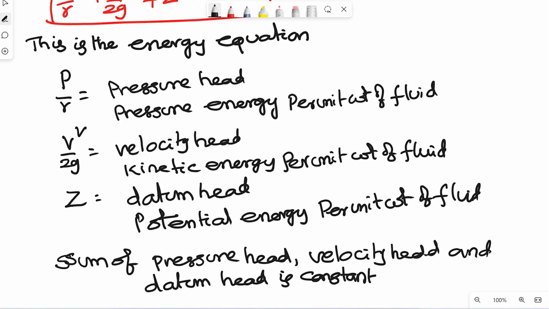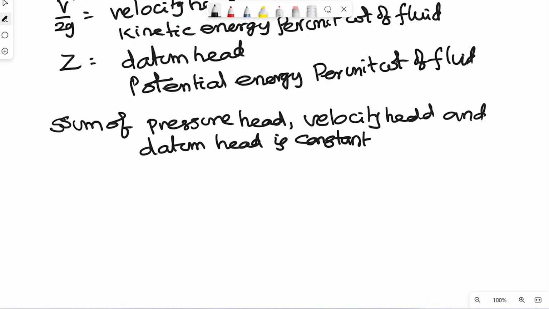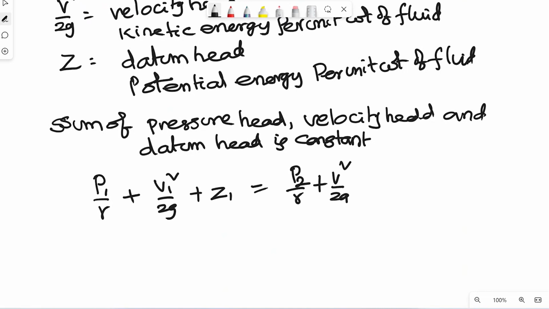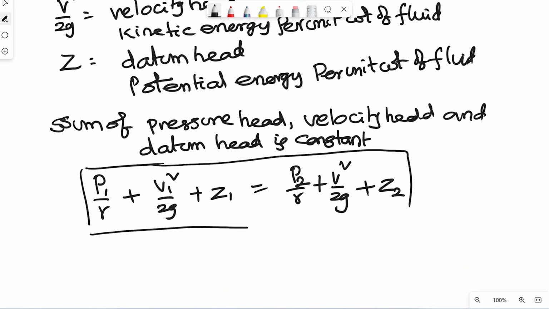If you apply Bernoulli's equation between two points, then naturally it will be p1 by gamma plus v1 squared by 2g plus z1 is equal to p2 by gamma plus v2 squared by 2g plus z2. This is what Bernoulli's equation is, if it is applicable between two points.